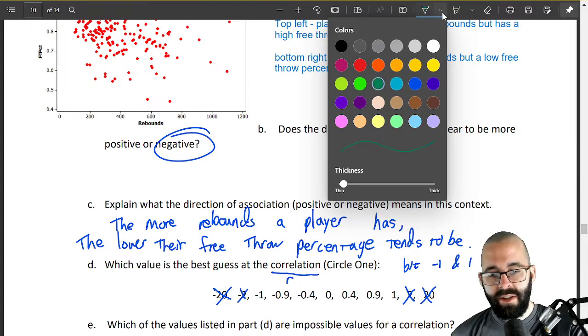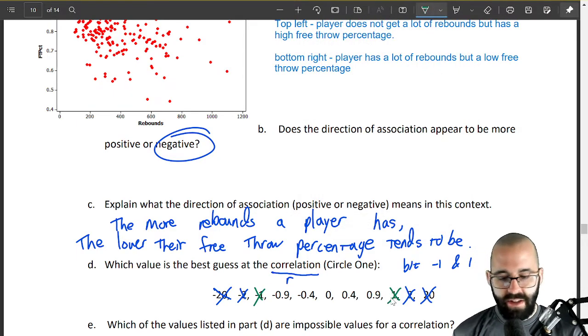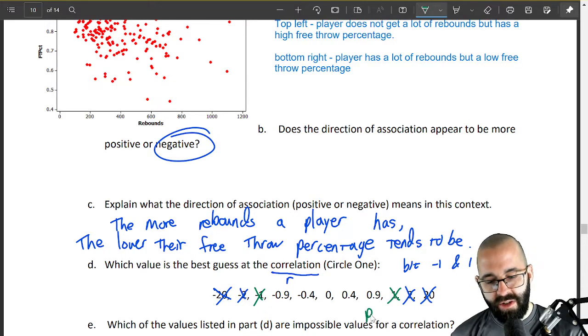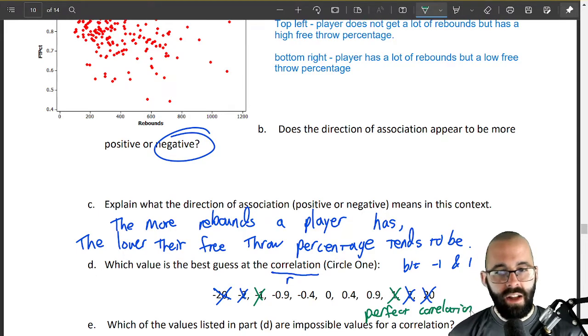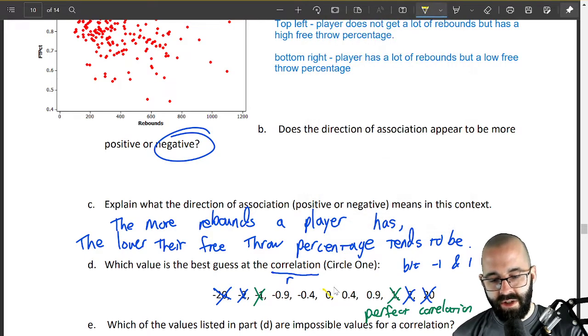And specifically, I know the correlation coefficient is not -1 or +1. Because if it's equal to +1 or -1 at the very end, that's perfect correlation. It means the data points all lie on a line. I can get rid of some more ones too, right? 0 is when there's no correlation.